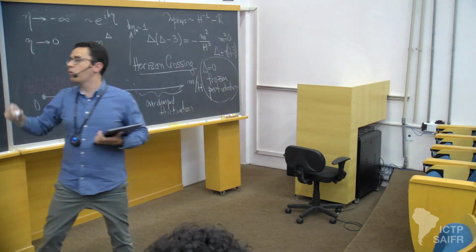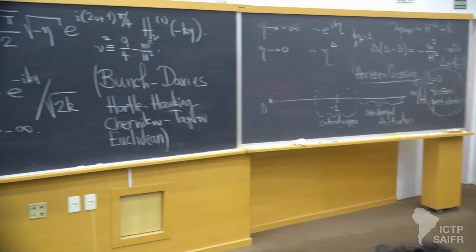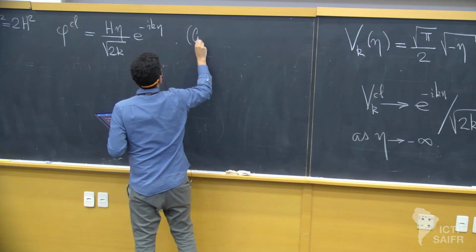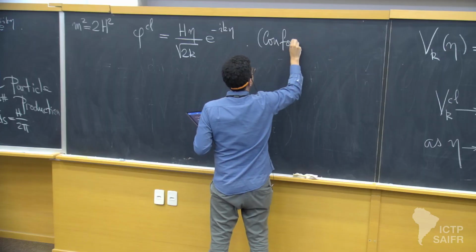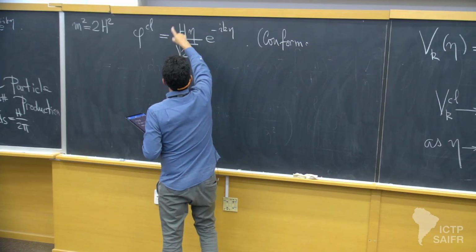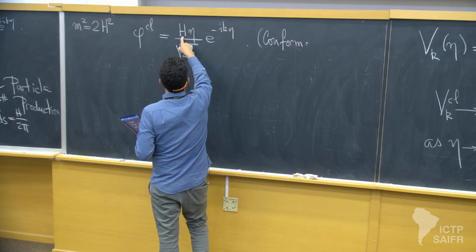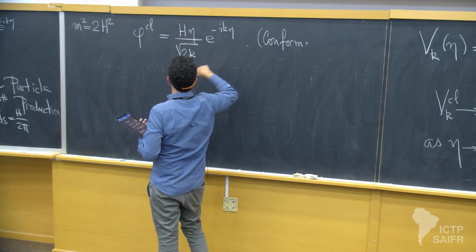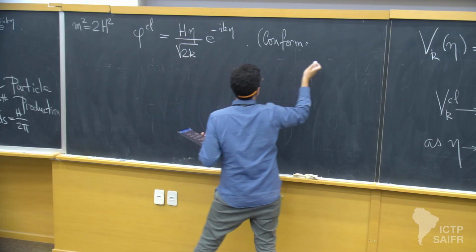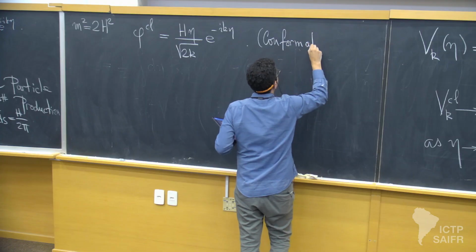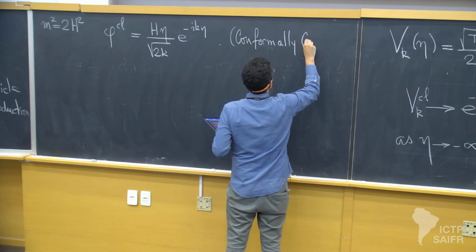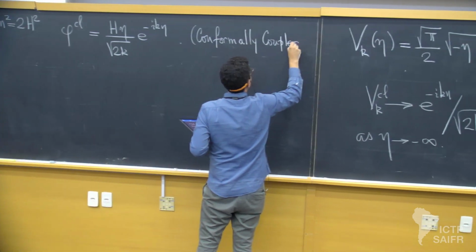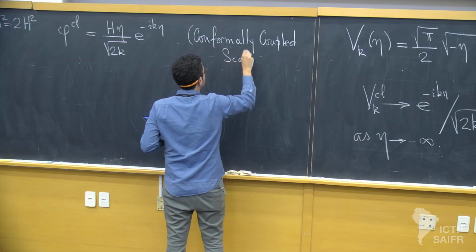So this is called a conformally coupled scalar. Other than this redshift factor, this is not a coincidence. This is 1 over a times the standard plane wave of flat space. So it's essentially a plane wave, a conformally coupled scalar.